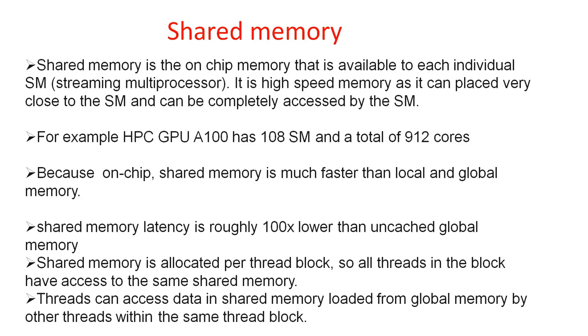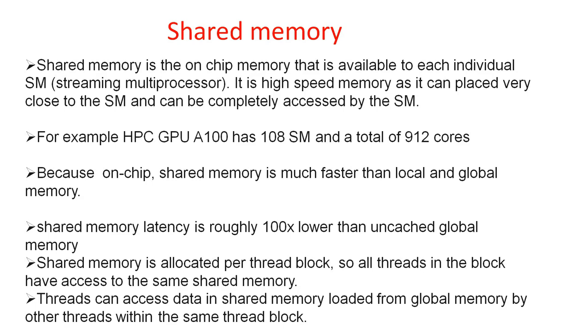For example, this HPC GPU has, as I said, 108 SMs and a total of 6912 cores. Because on-chip shared memory is much faster than local and global memory, shared memory latency is roughly 100 times lower than the uncached global memory. That means in a way it is faster.